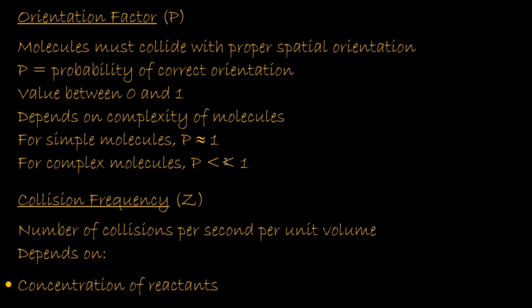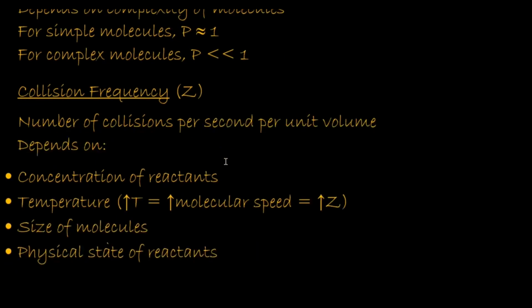Orientation is talking about spatial arrangement, so it should have a proper spatial orientation. For simple molecules, P, the probability of correct orientation, will be more or less 1, approximately 1. For complex molecules, it is very much less than 1.